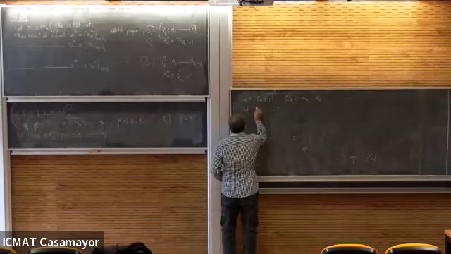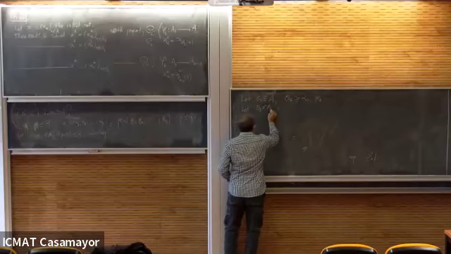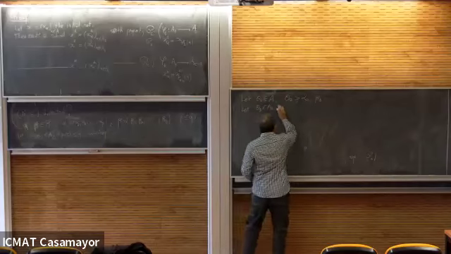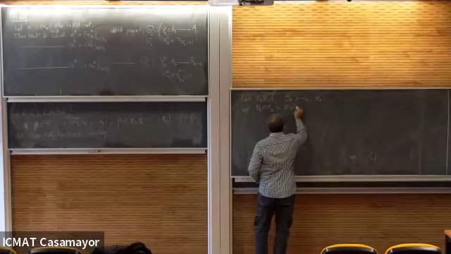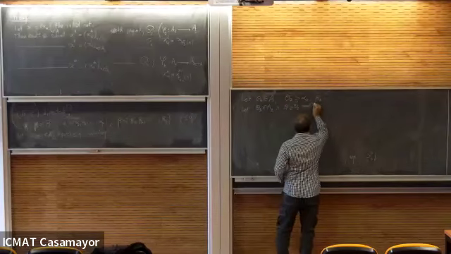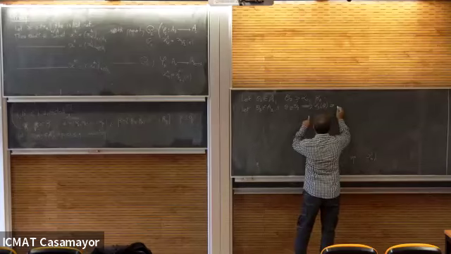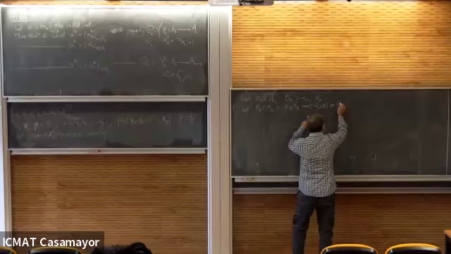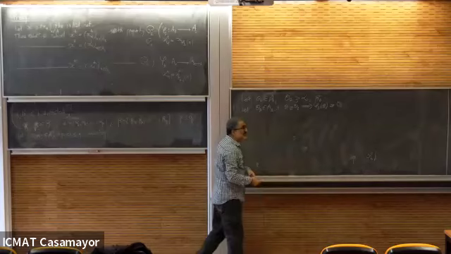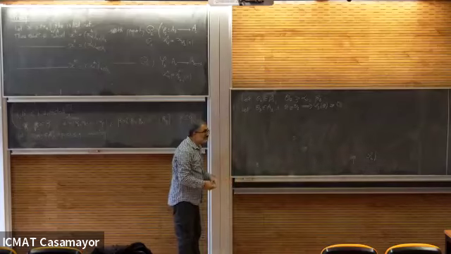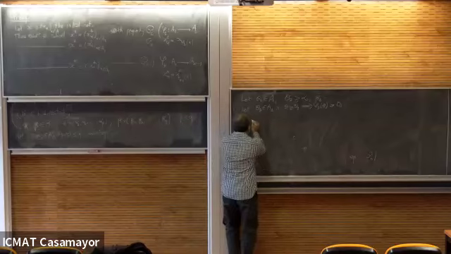Then let theta 1 in A1 such that if theta is more or equal than theta 1, then P1 of theta is more or equal than theta 0. This is possible because phi 1 is cofinal.